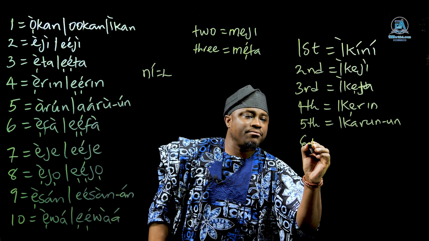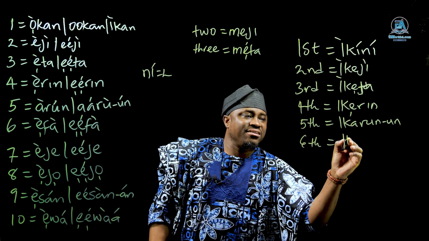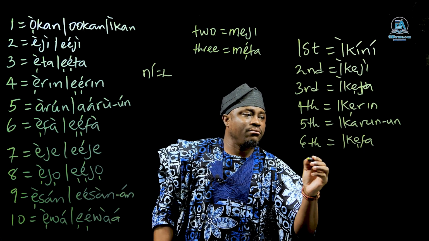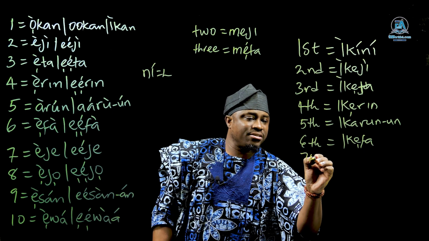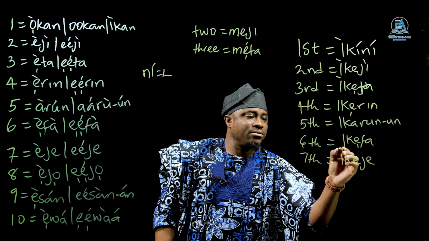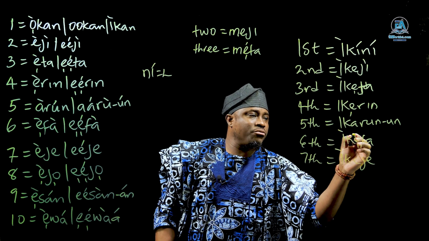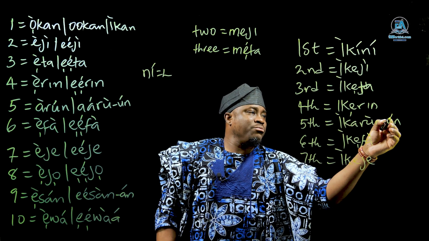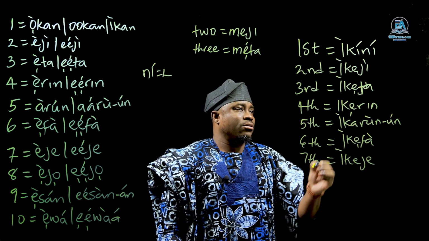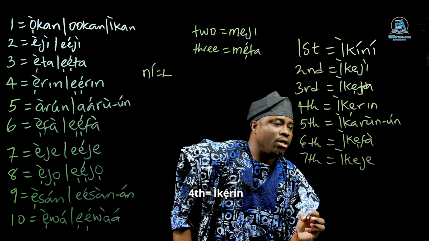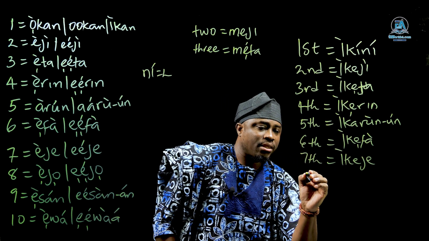Sixth becomes ìkẹfà. Seventh becomes ìkeje.